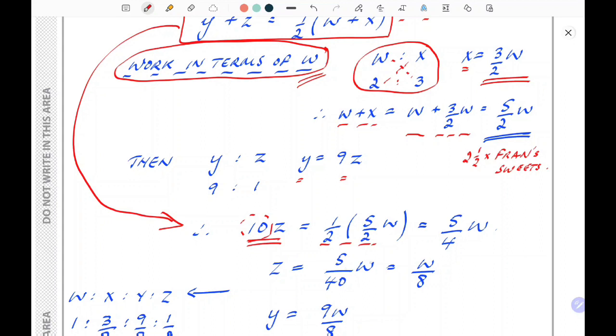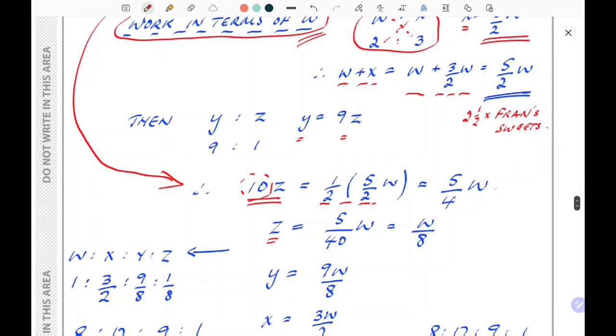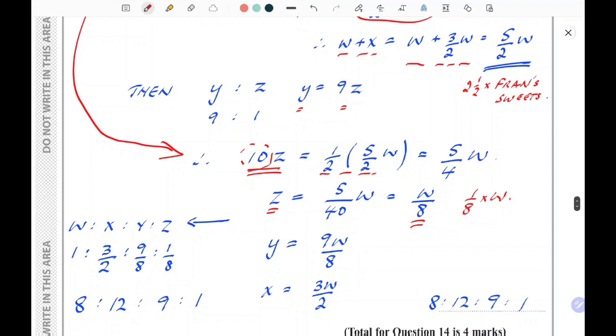So tidying up all that algebra, it's simply the number of suites in Z, which, as we remember, is Jessica, is 5 over 40 of whatever Fran has, and that's 1/8 of W, and so we know what Z is in terms of W, you got that?